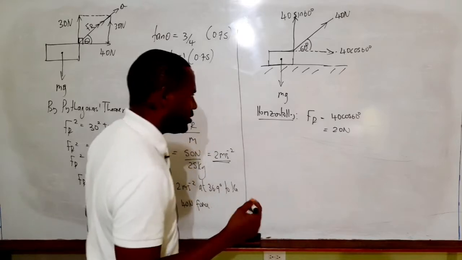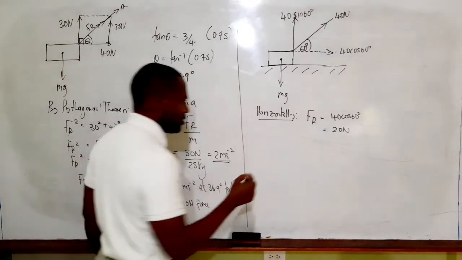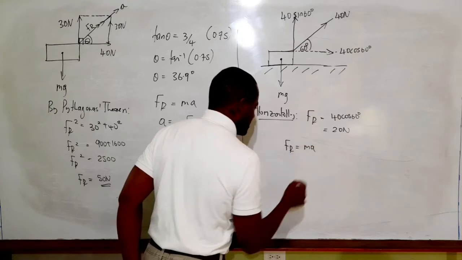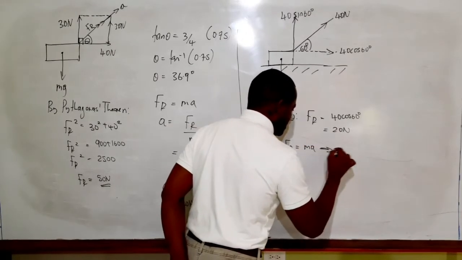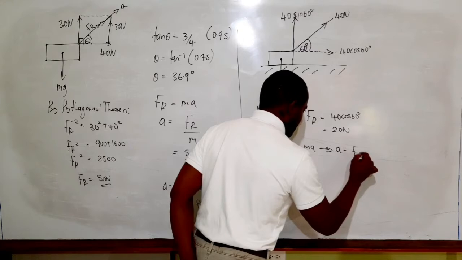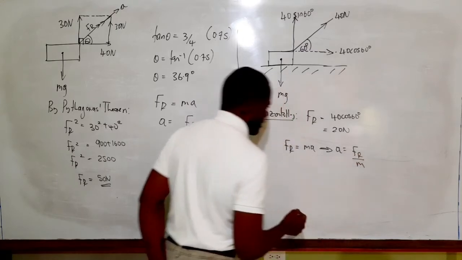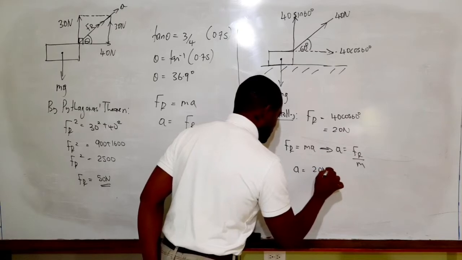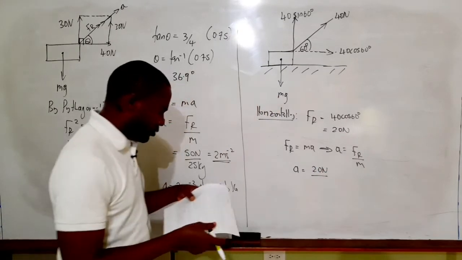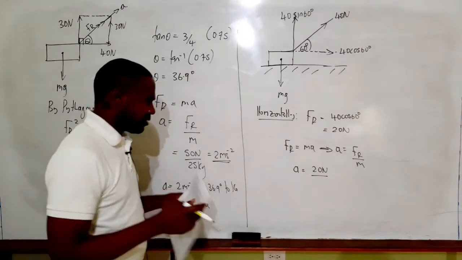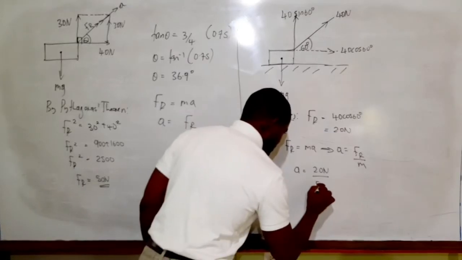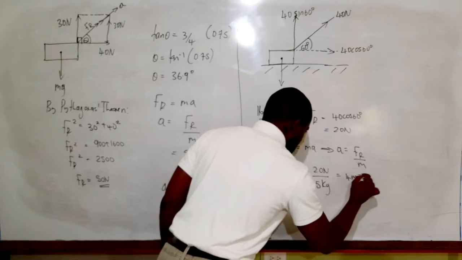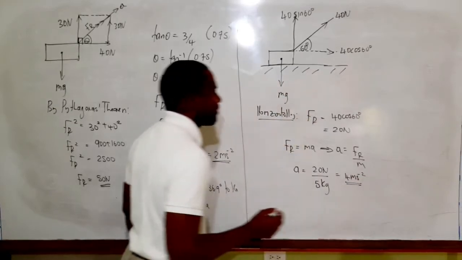And of course, by Newton's second law, we know the resultant force Fr is equal to mass times acceleration, and therefore this means that A is equal to the resultant force divided by the mass m. And so we get A is equal to 20 newtons divided by the body's mass, which we are told is 5 kilograms, and therefore this gives us 4 meters per second squared, right?